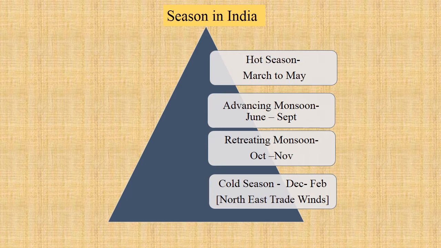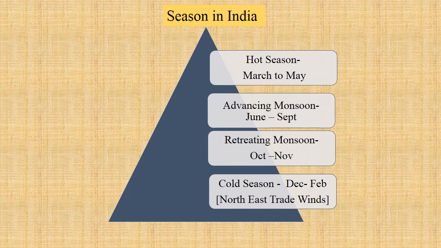Before we start with the retreating monsoon, let us revise again how the seasons are formed in India. In India, we have hot season from March to May, which is followed by rainy season, which is split into two, the advancing monsoon, June to September. We can also call it the onset of monsoon or beginning of monsoon.